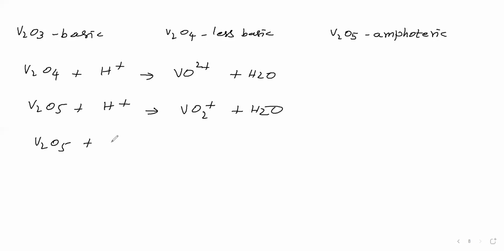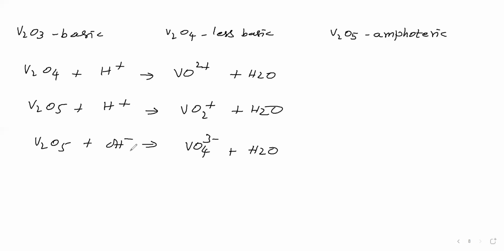V2O5 with base gives VO4 3 minus and water. It is an oxoanion, it is an oxocation. V2O4 is less basic, therefore its basic nature is there, so it reacts with acid. V2O5 is amphoteric, so it reacts with acid as well as base.